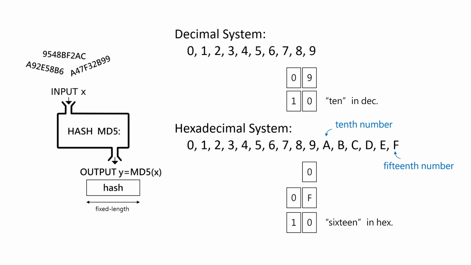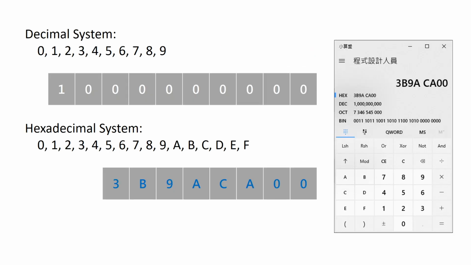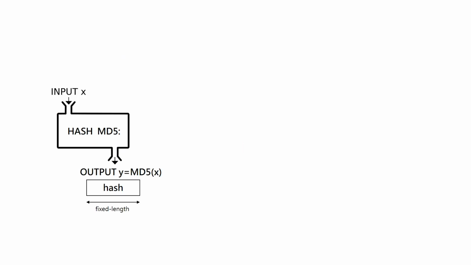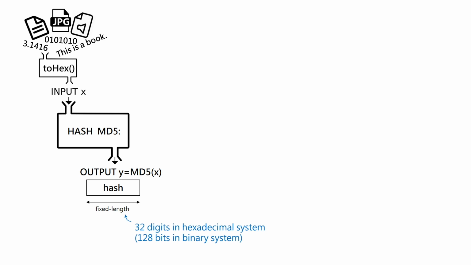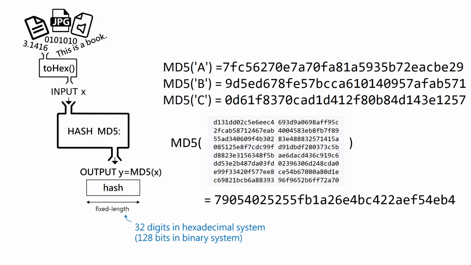The hexadecimal system helps us represent large numbers more easily, and it can be easily converted to a binary number. Let's take a look at some examples of the MD5 hash function. The input of MD5 can be any digital data, such as numbers, strings, or even a file. We can always find a way to transform the digital data into a hexadecimal number as the input.